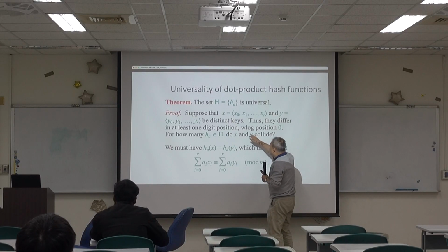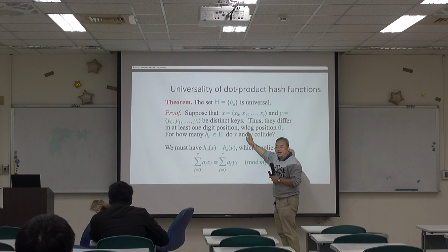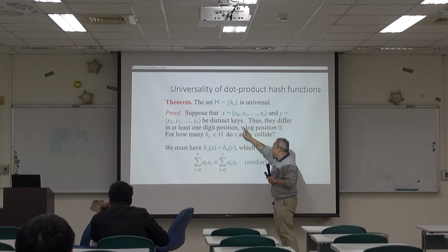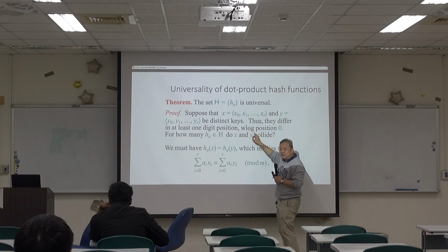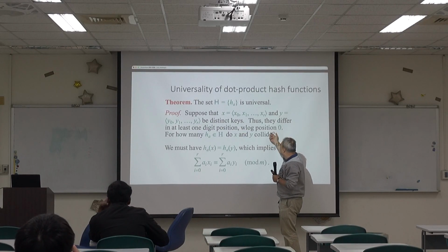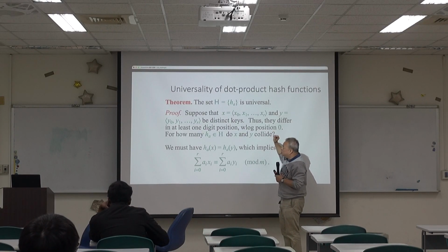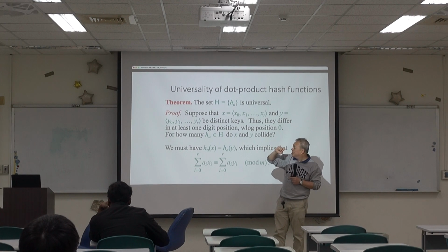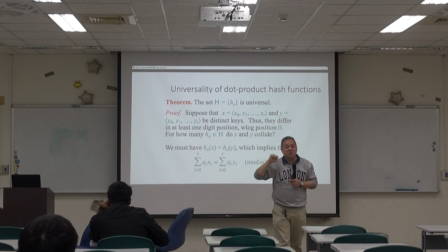I mean, WLOG is not log. It's without loss of generality. Without loss of generality, we can assume that digit 0 is one where they are different.